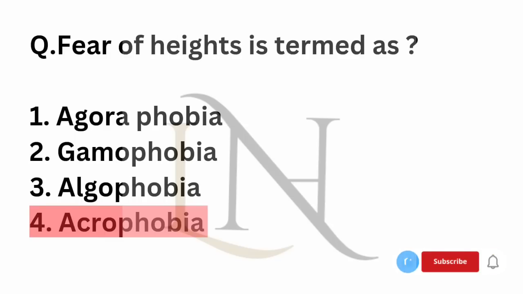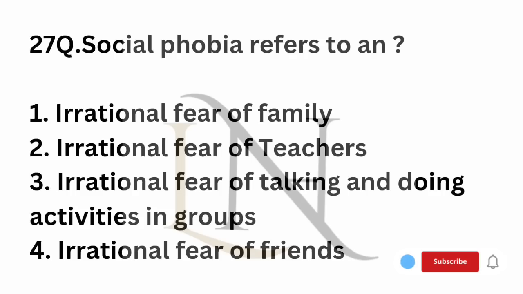Agoraphobia means fear of places and situations in the environment, gamophobia means fear of marriage relationship, and algophobia means fear of physical pain. Next MCQ.